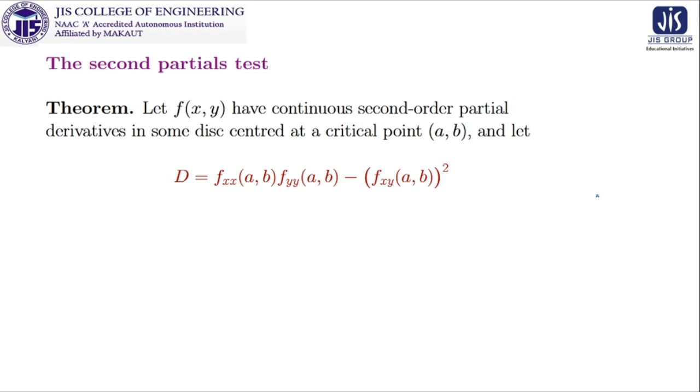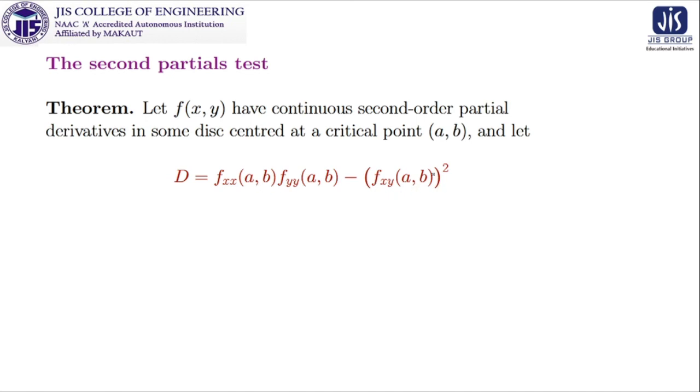So this theorem, the second partial test, tells us we have to take a critical point (a, b) and calculate D, which is equal to fxx, the partial derivative of f with respect to x twice, times fyy, y twice, minus fxy squared.